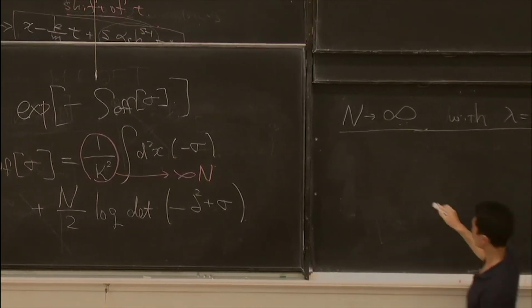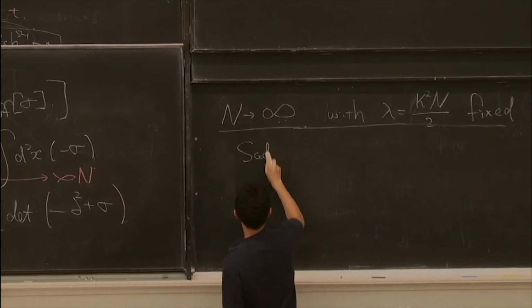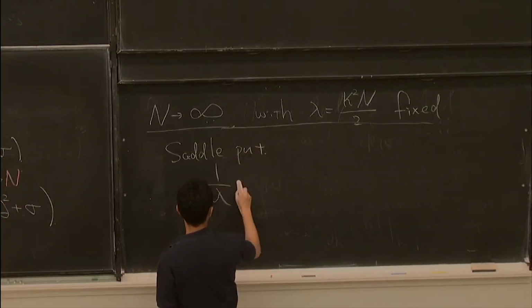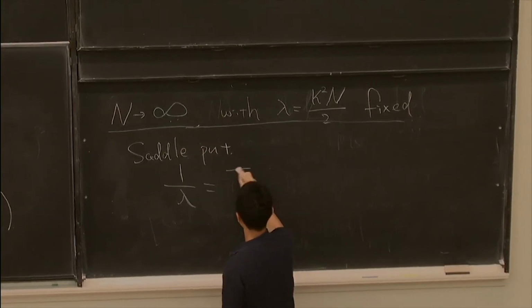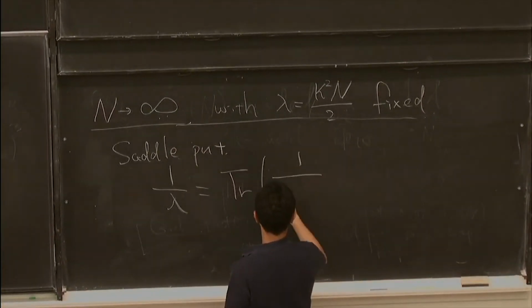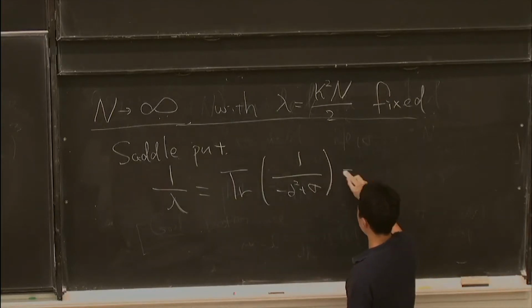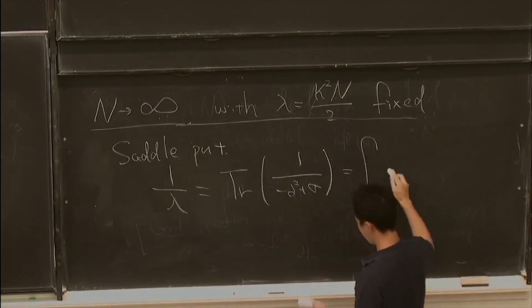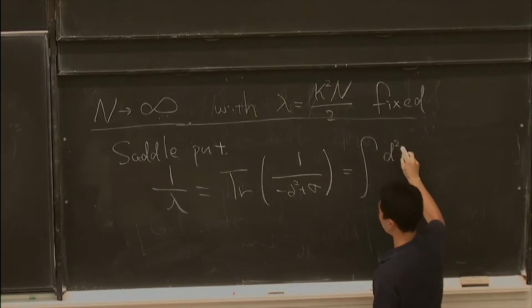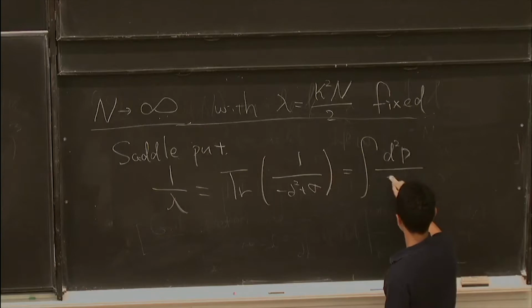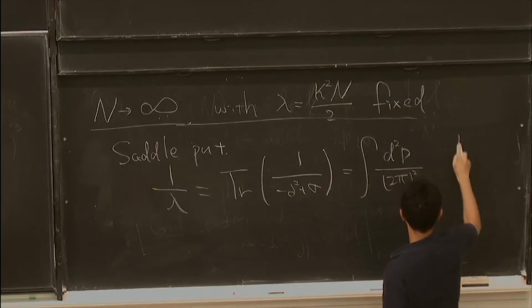And by taking the saddle point, you get this equation, which is 1 over lambda equals the trace of 1 over minus Laplacian plus sigma. And you can compute it using the fact that the log of a determinant is the trace of the log. And you can compute it in this way.